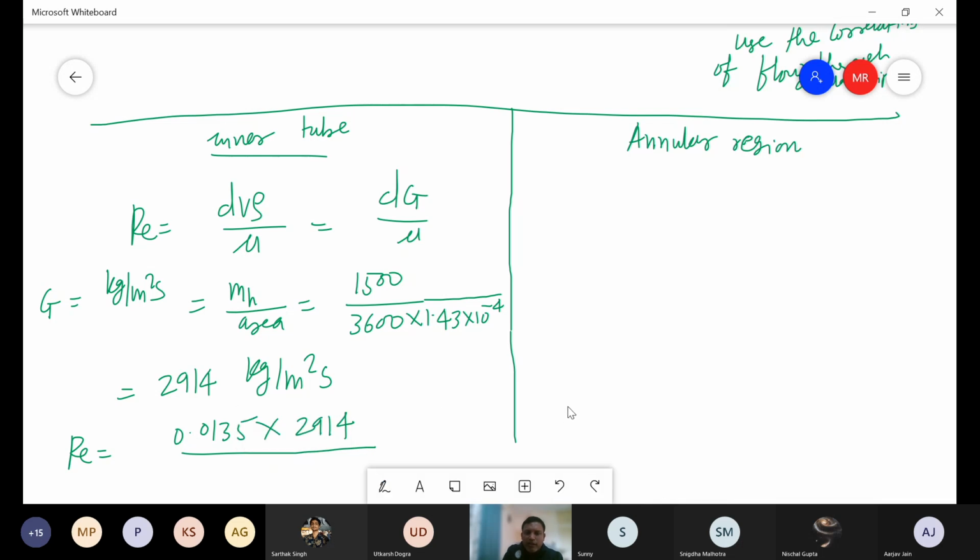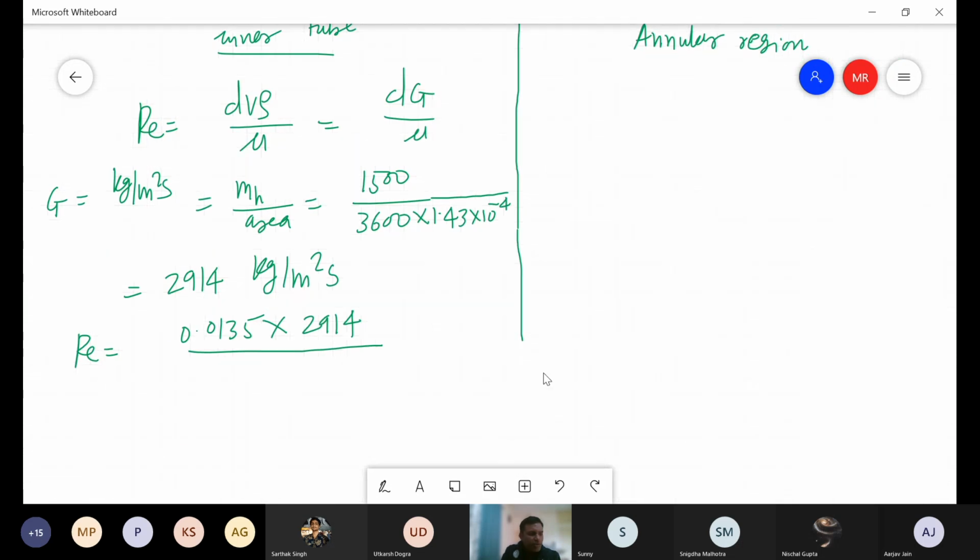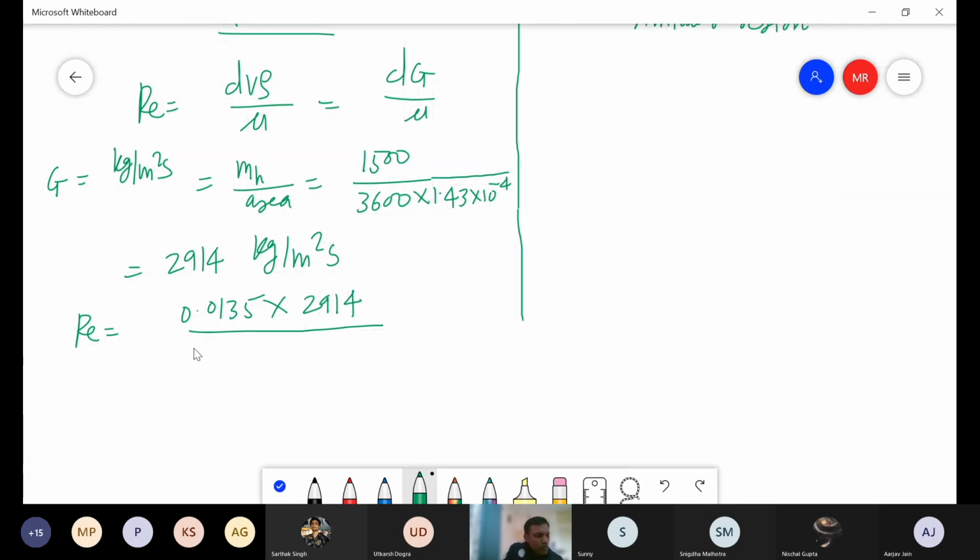the mercury is given in the problem statement as 8.5 into 10 raised to power minus 8, but that is kinematic viscosity, so you can convert it into viscosity by multiplying by the density. So we can write this as 13200 into 8.5 into 10 raised to power minus 8.